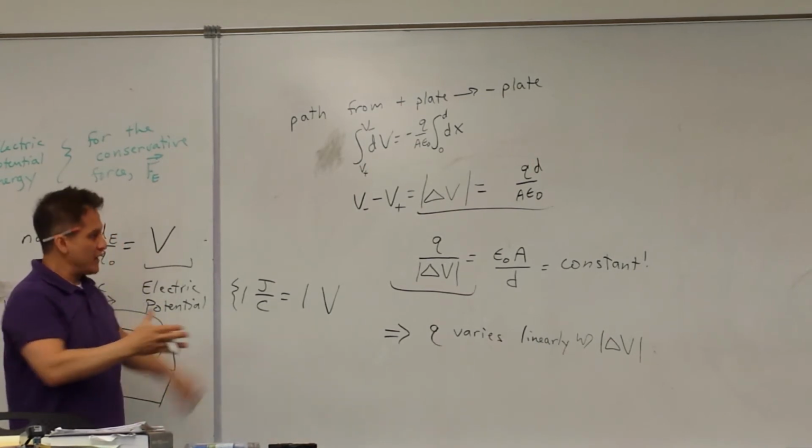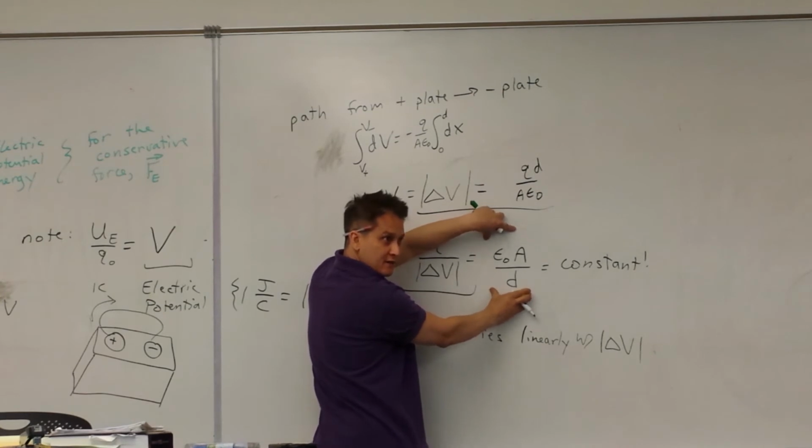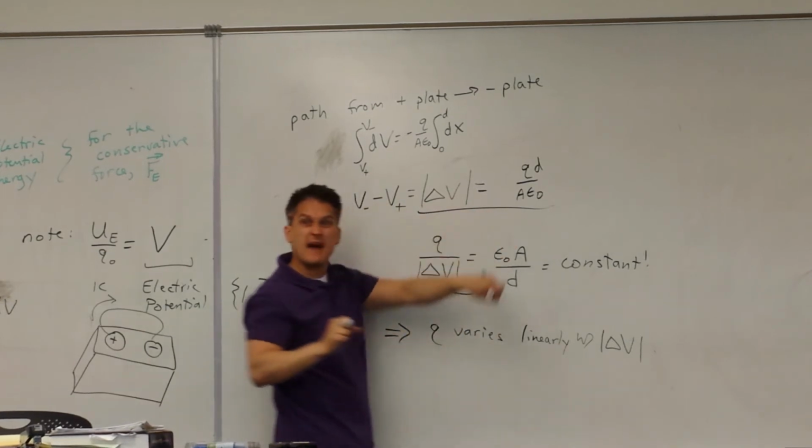Now, because of that, we give a special definition to this relationship that's associated with separation distance, surface area, and then the permeability constant. We call this the capacitance.